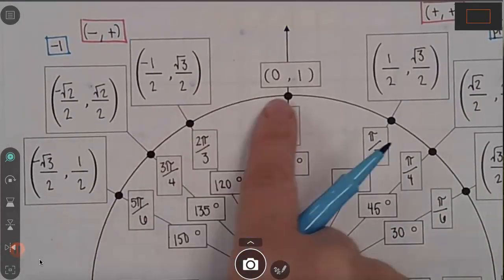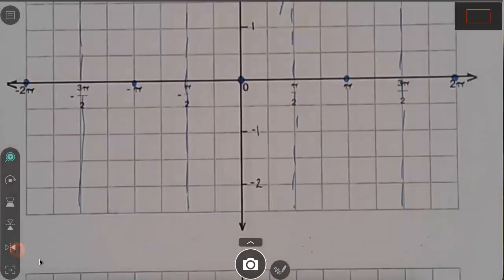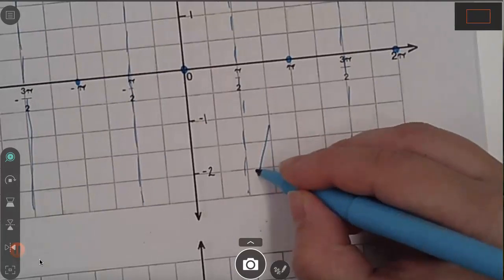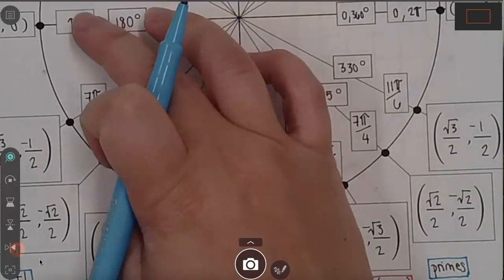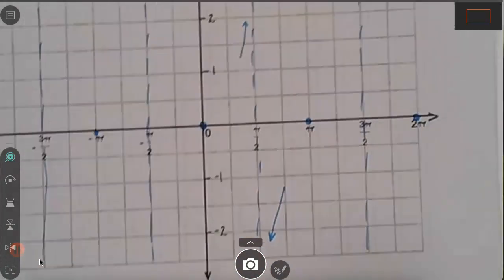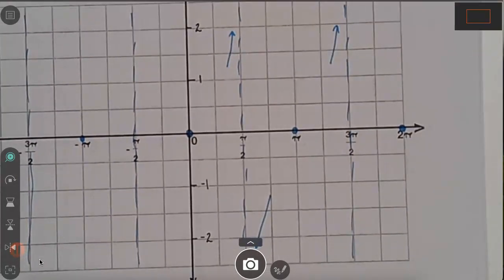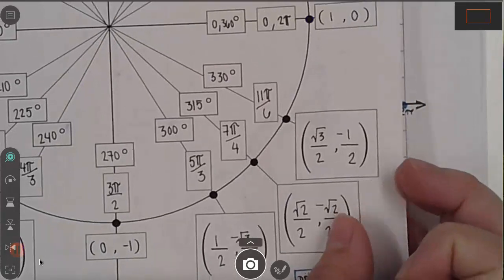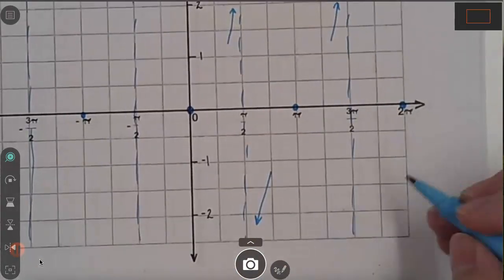So tangent is going to be negative because a negative divided by a positive is a negative. Between pi and 3 pi over 2, we have both negatives, so tangent is going to be positive because a negative divided by a negative is positive. Between 3 pi over 2 and 2 pi, it's going to be negative.